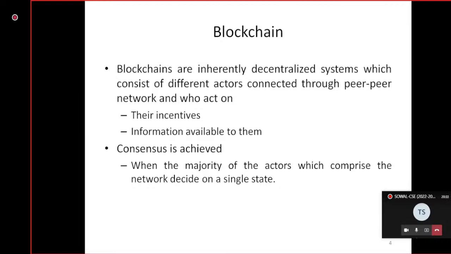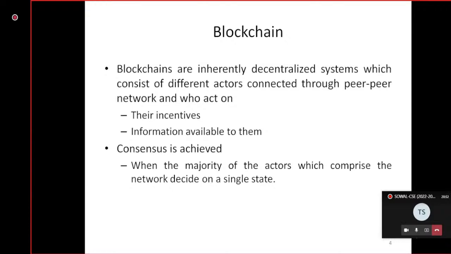So why are they connected with each other? Why do they spend so much storage to store the complete blockchain? Because they get incentives to manage that information and to perform validation and other tasks in the blockchain.